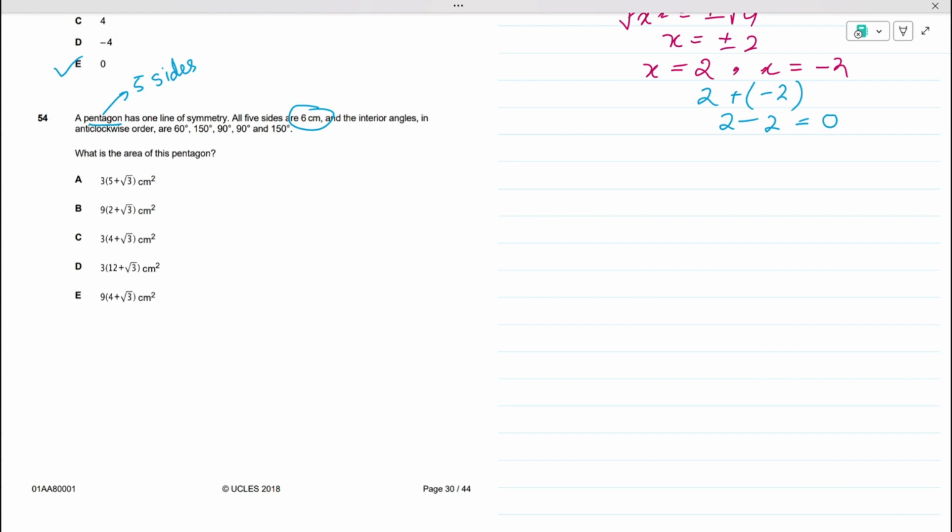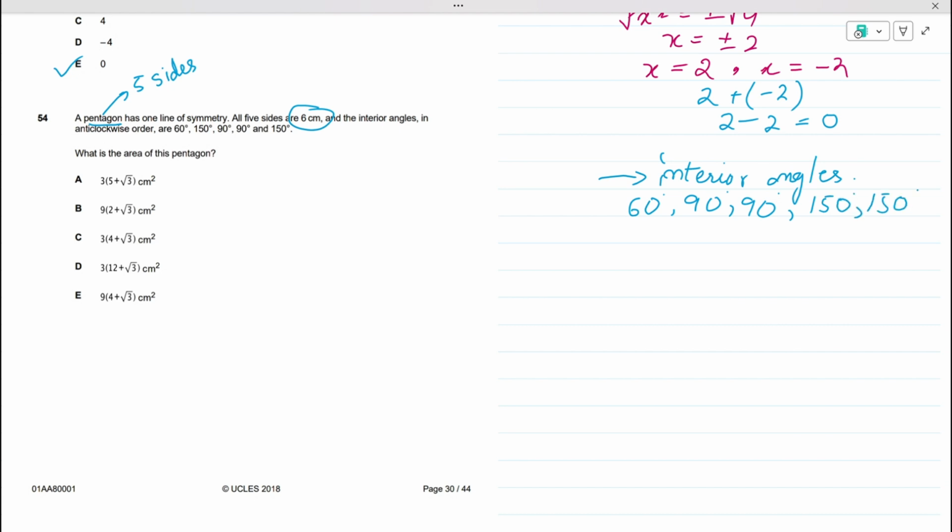So basically they have given us the interior angles. There is 60, two 90 angles, and two 150 angles, right?